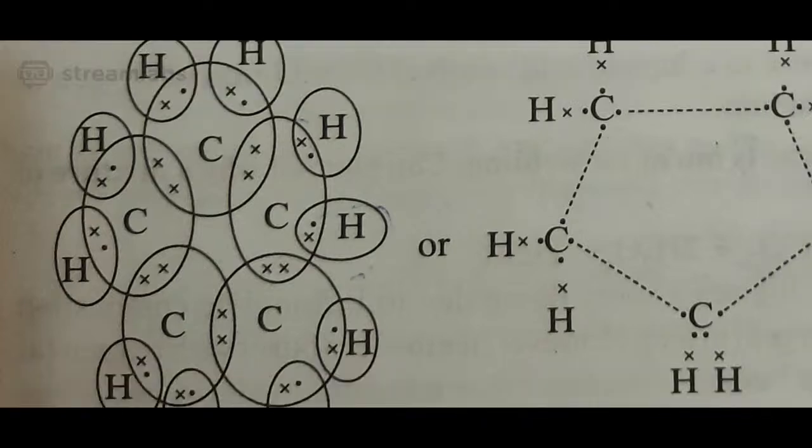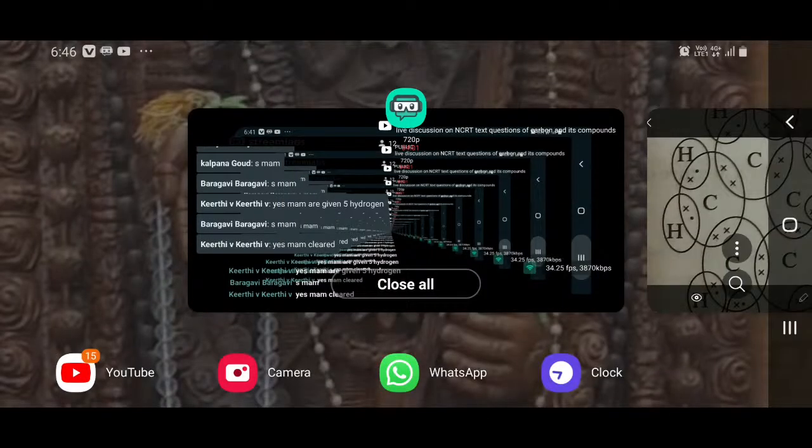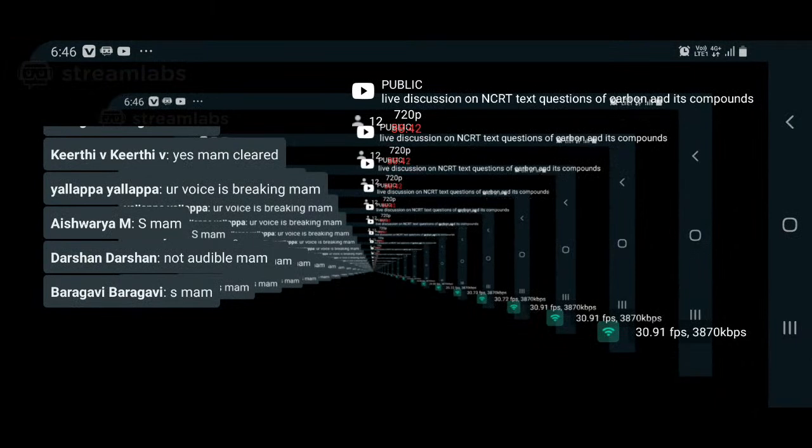This you cannot learn directly by the theory. Yesterday I told it. You can learn well by practice. Paper, pencil, practice. Okay, what about the cyclopentane dot structure? That is clear to all of you?